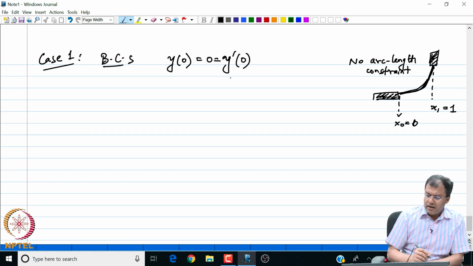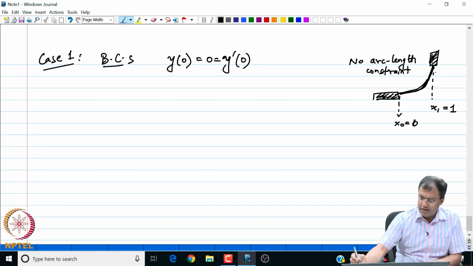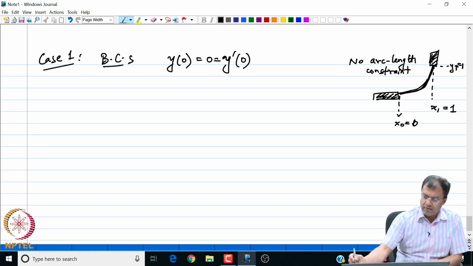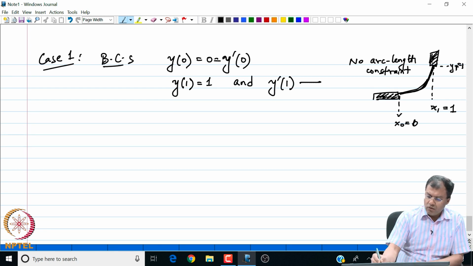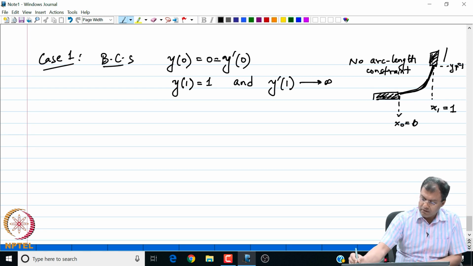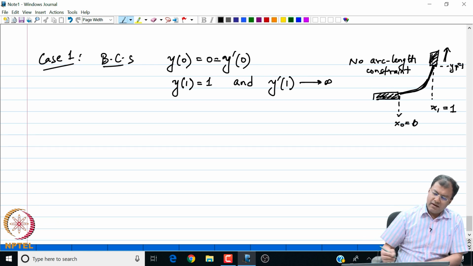And we impose the boundary condition y at x 1 equal to 1, and we see that the slope at 1 goes to infinity. So, the slope becomes vertical.